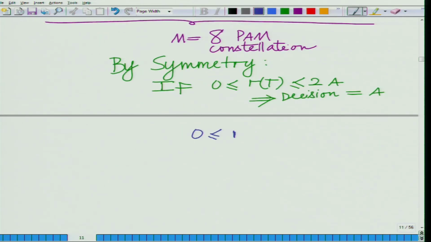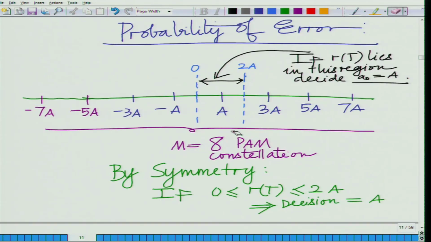Now if you look at the next set of midpoints, 2A and the midpoint between 3A and 5A, that midpoint is going to be 4A. So, in this region we obviously have to decide A naught equals 3A.